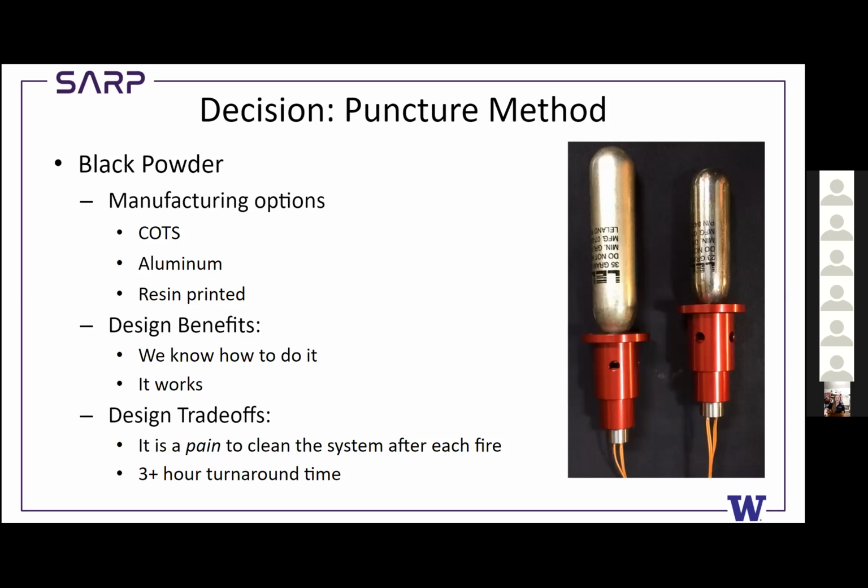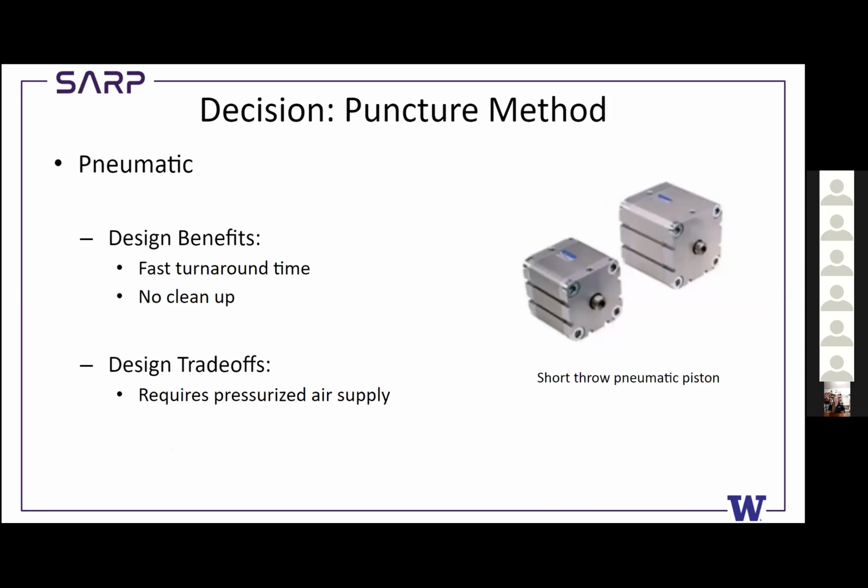Benefits: we know how it works and we know how to use it. But design trade-offs: it's very difficult to clean up after each fire, and it's 3+ hours of turnaround time. So it's really not feasible to do 2 tests in one day, and it would be great if we were able to do that.